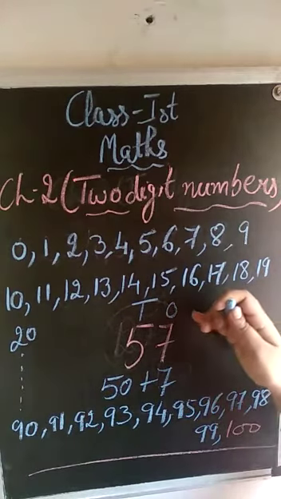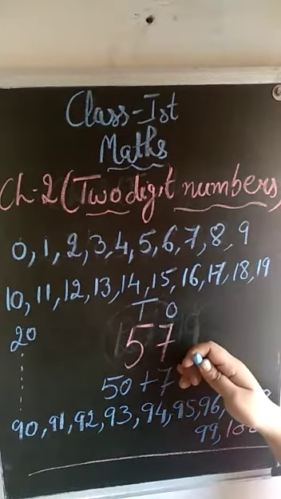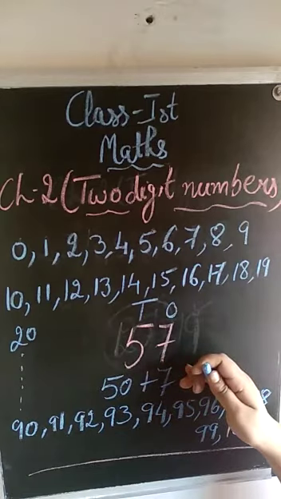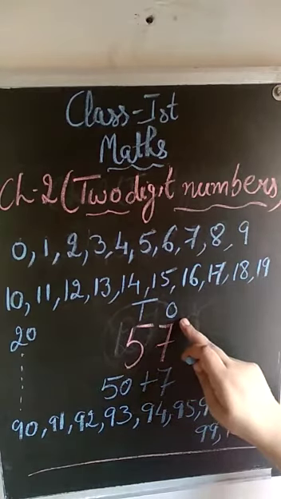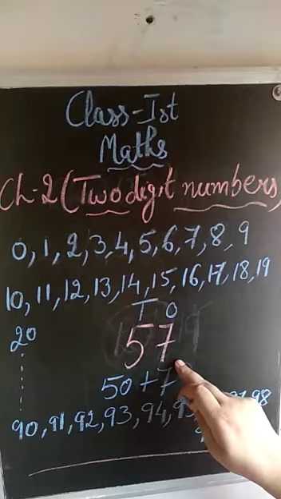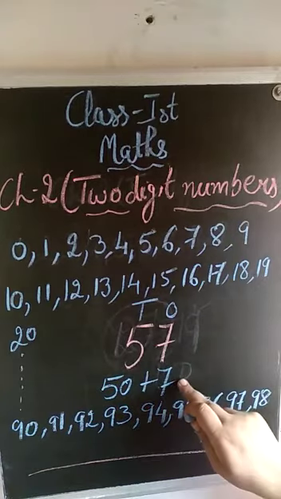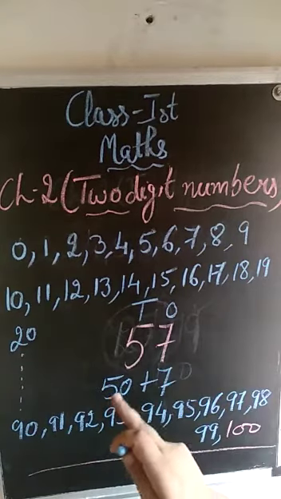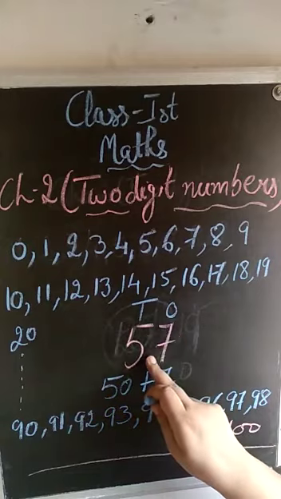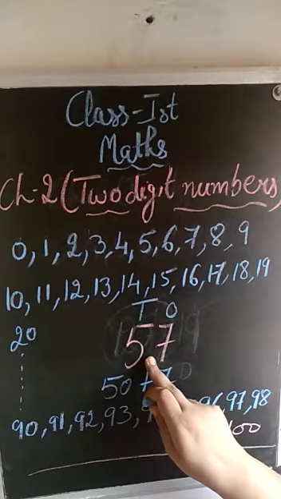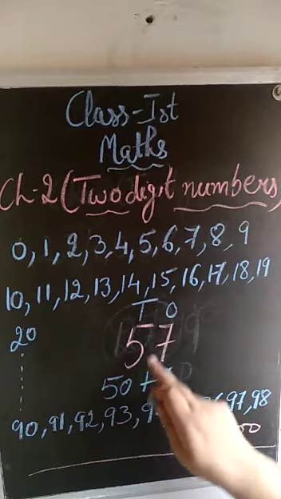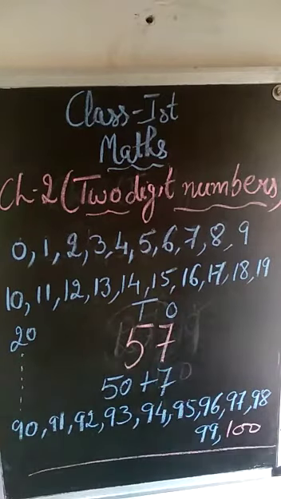Means the value of the ones place digit will never change. The same value will be there. It is standing at the ones place, so its value will not change. But when we put a number at the tens place, its value becomes according to the tens place, so it will change accordingly.